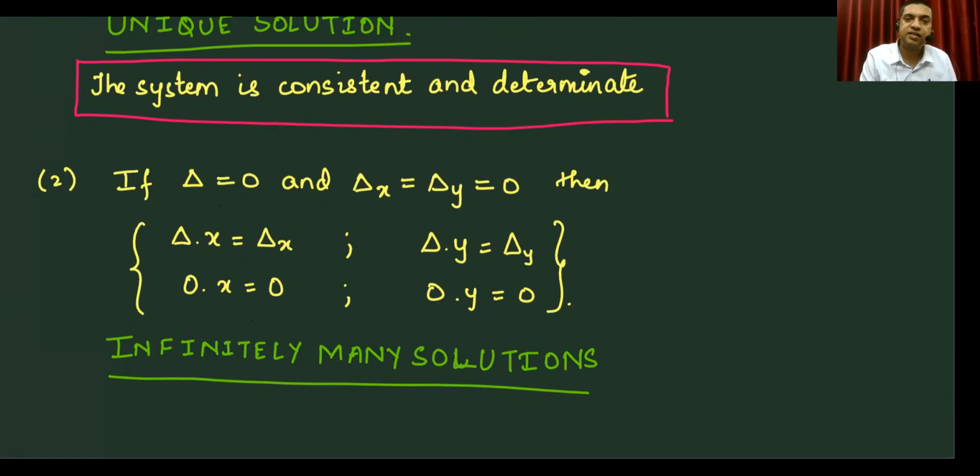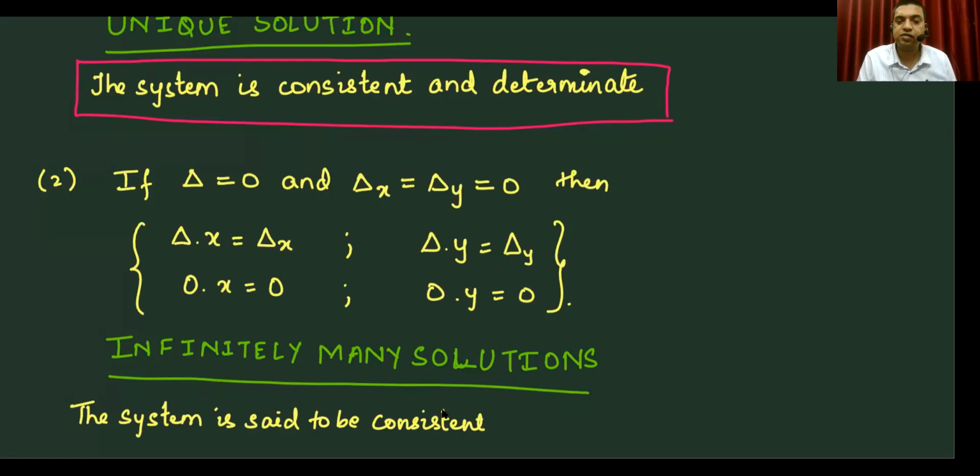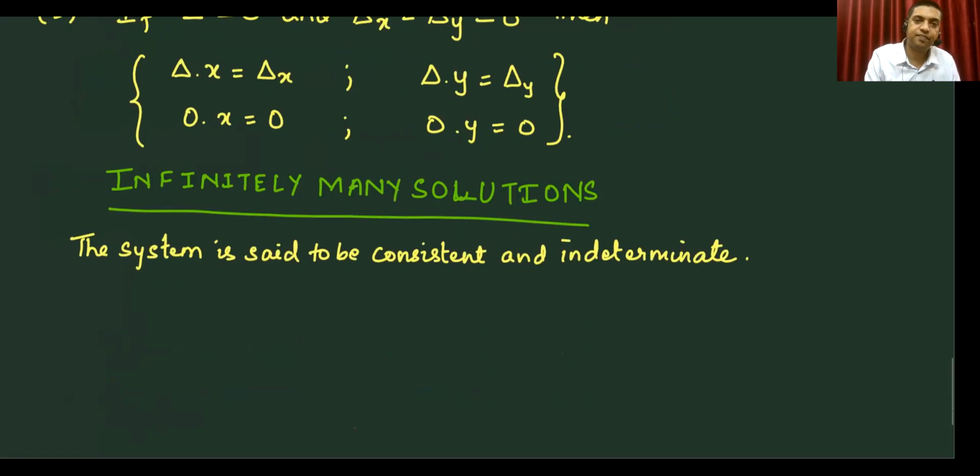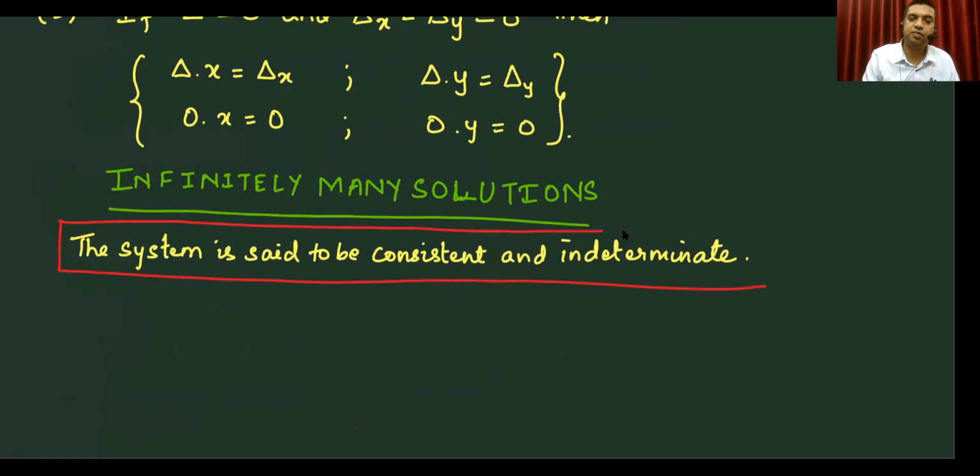So the system of linear equations is said to be consistent and indeterminate. All right. Why indeterminate? Because you get infinitely many solutions.